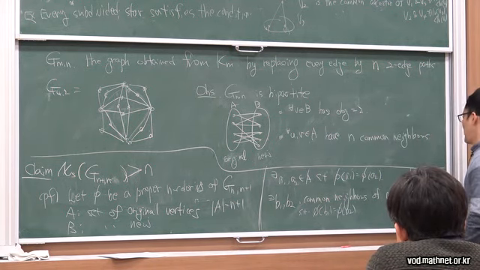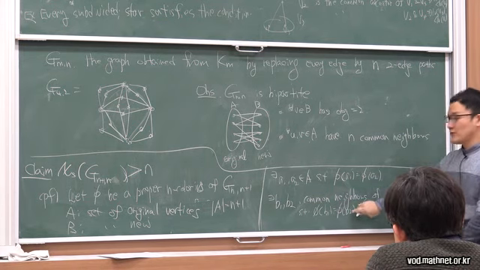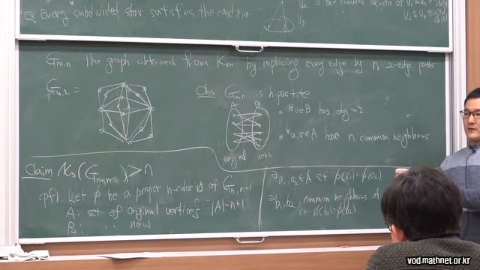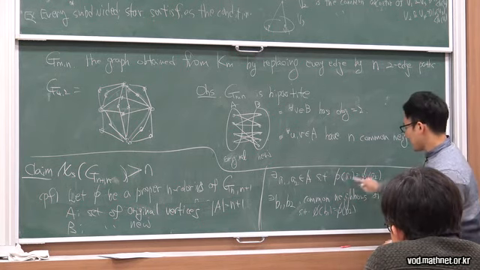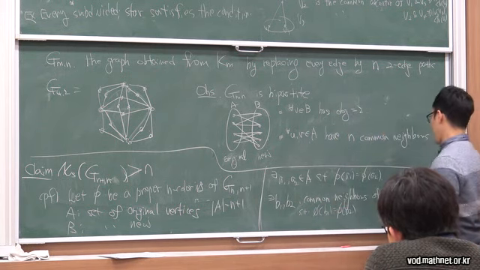Then A1, A2, B1, B2 induce a bicolored P4. Actually, A1, A2, B1, B2 induce a bicolored C4.